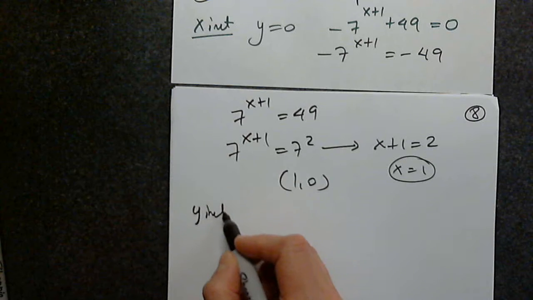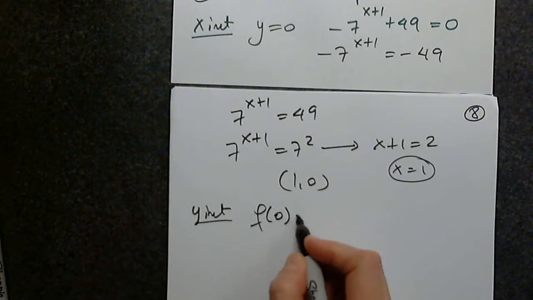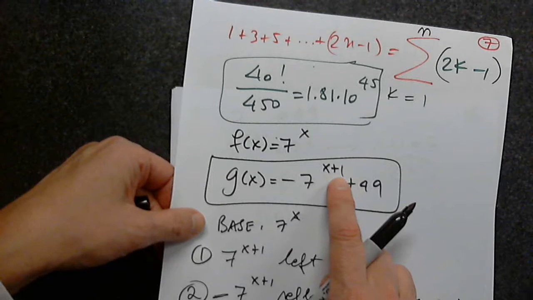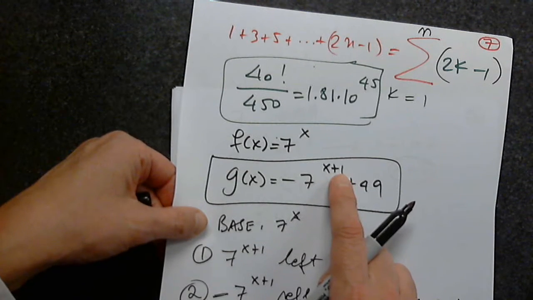How do I find the y-intercept now? X is 0. Very good. So I have to find f of 0. So let's do this together. 0 plus 1 is 1. 7 to the first power is 7.